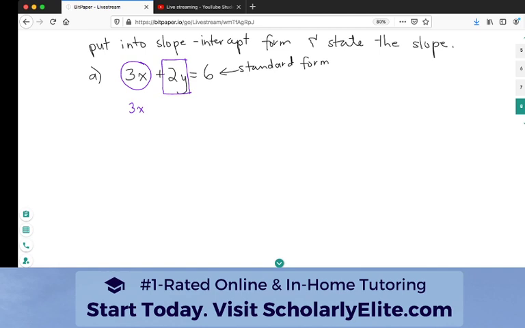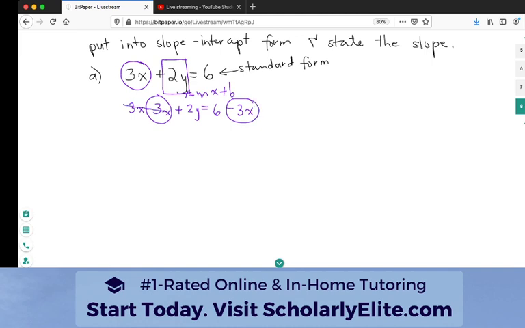Okay? So if we're trying to get this into the y equals mx plus b format, we're already partway there because we've got 6 over here. So if I'm trying to move my 3x, I'm going to go 3x minus 3x on both sides of my equation, just like in algebra. Because I did minus 3x on this side, I have to subtract 3x on this side.